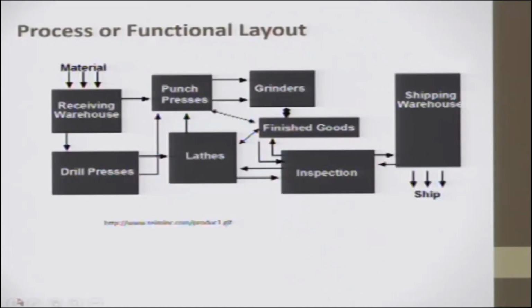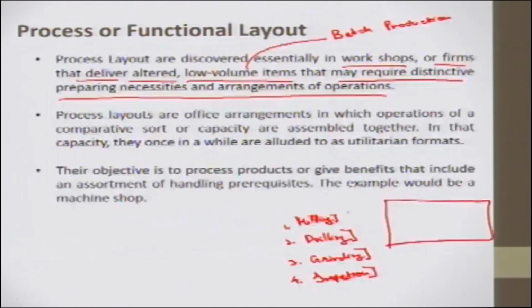We will see the kind of layout here. So, this is a material that is received by a warehouse. Here we have only drilling presses, here we have punch presses, here we have lathes, here we have grinders, here we have finished goods, here we have inspection, here we have the shipping warehouse. So, let me say in place of milling, let me say punch. First, I receive my product here. In case of this specific batch, I say punching.